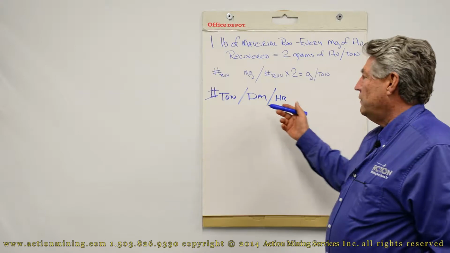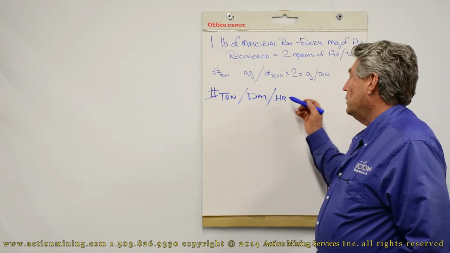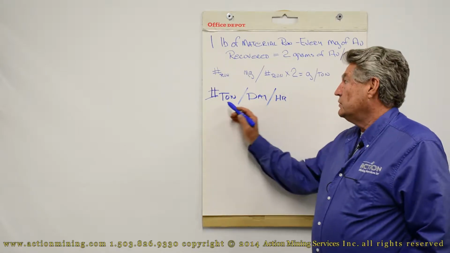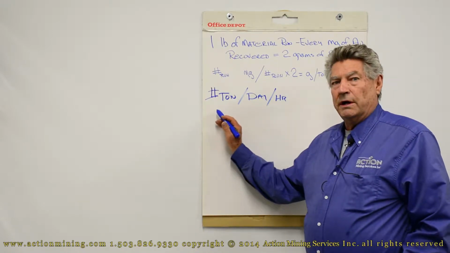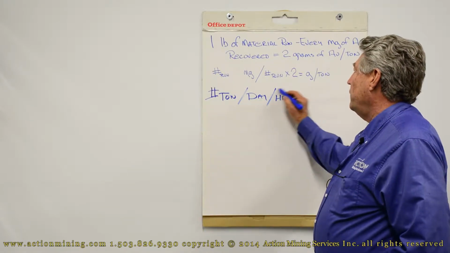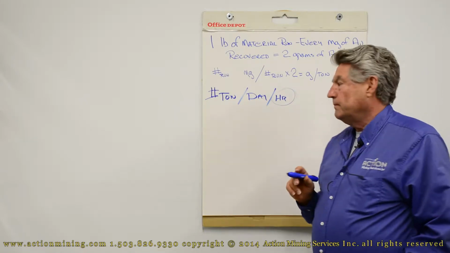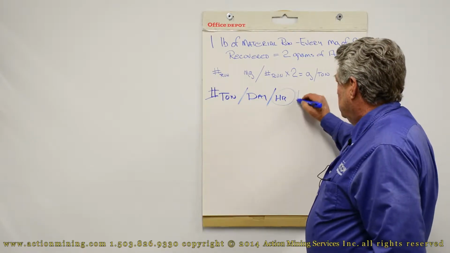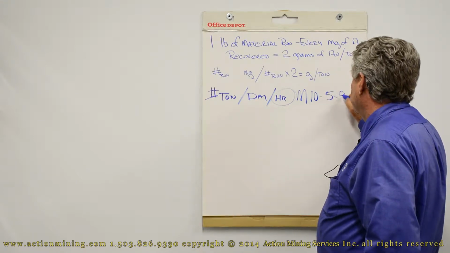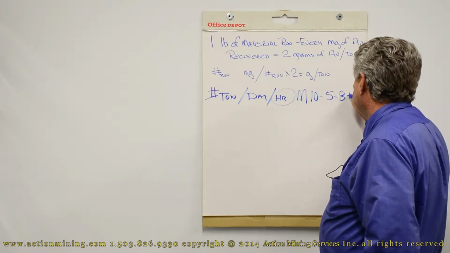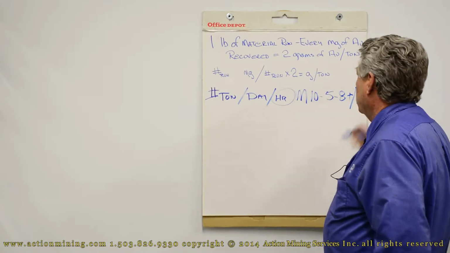So if you're running 24 hours a day or 10 hours a day, how many tons do you want to run, and you want to know that number in tons per hour.